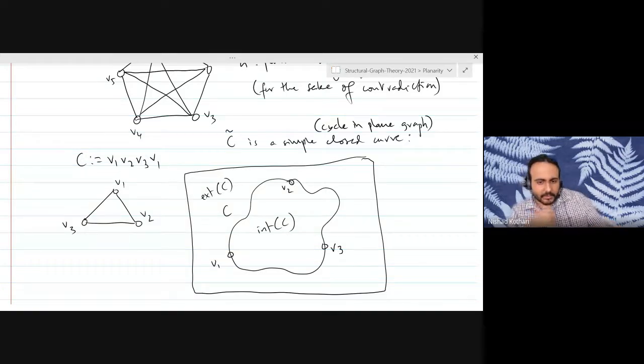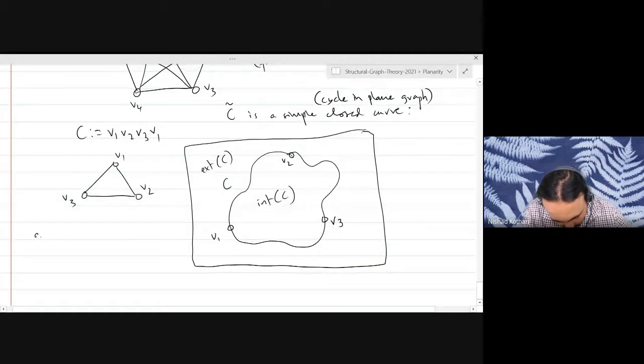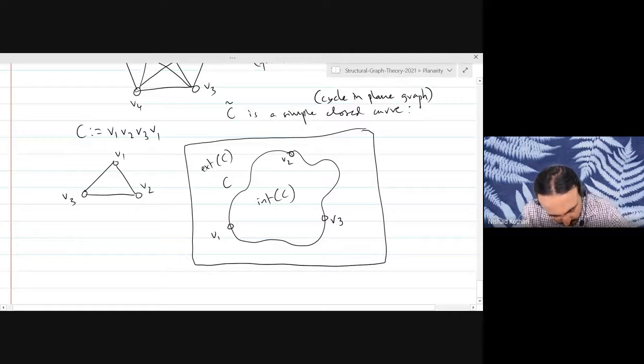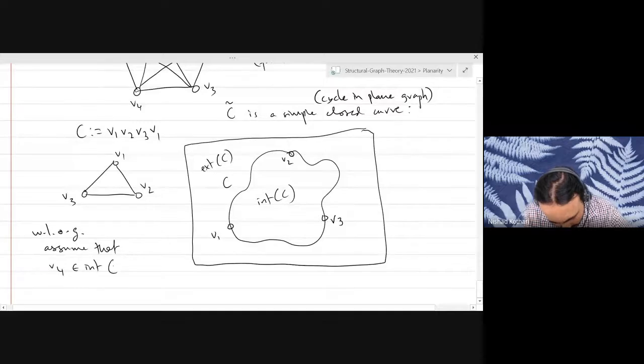So we will assume without loss of generality that V4 belongs to the interior of this closed curve. All right, so let me put the vertex V4 in the interior.